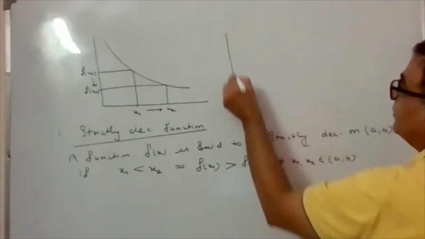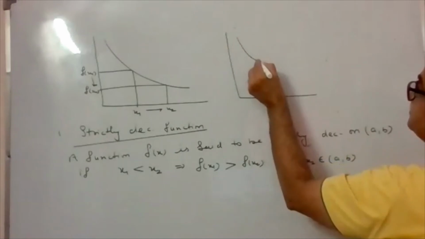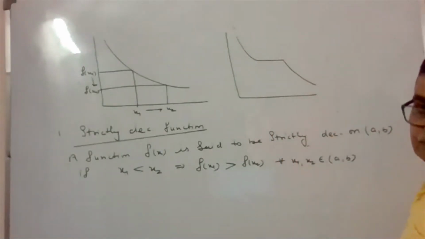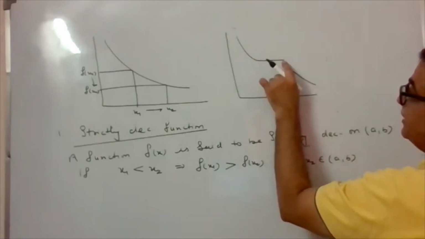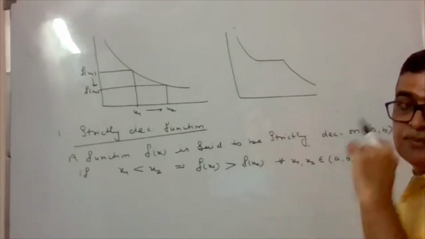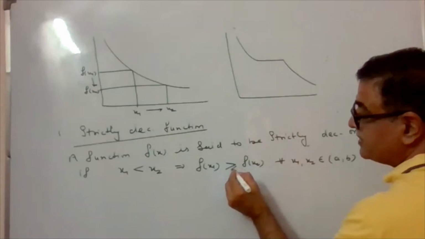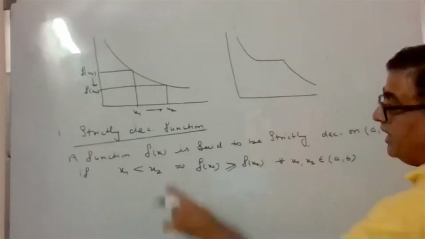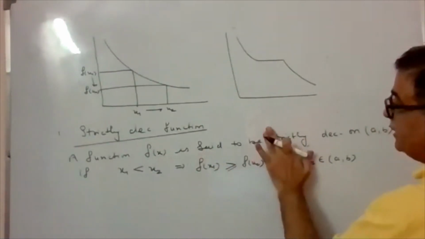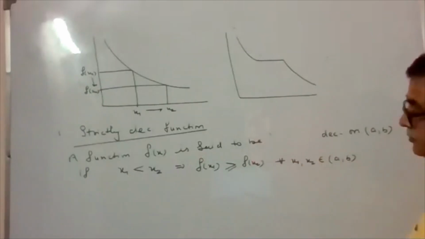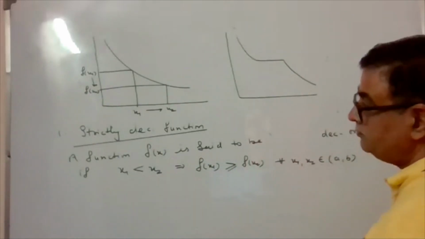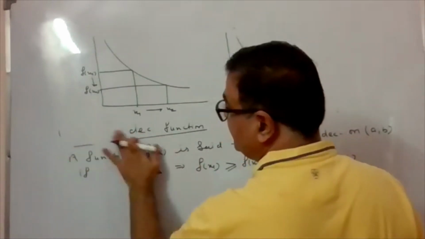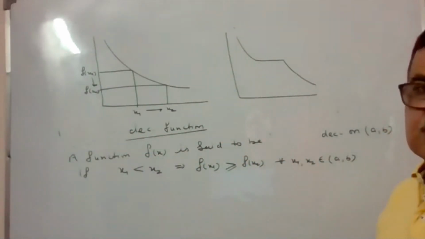By the way, the curve comes like this. Then this is strictly decreasing, but here in some interval it is becoming constant. Then this is coming equal also. Then we will say the function is said to be decreasing on (a, b) if this condition holds here. It will not be a strictly decreasing function.